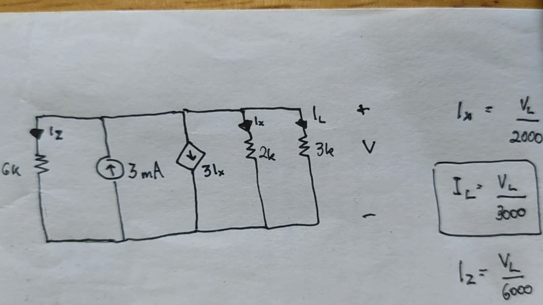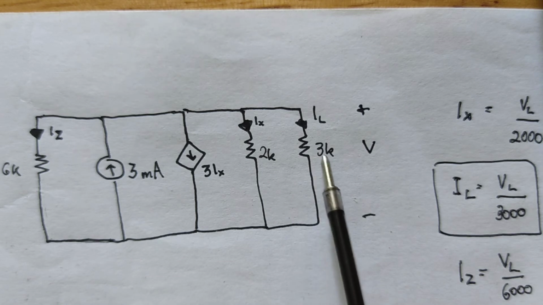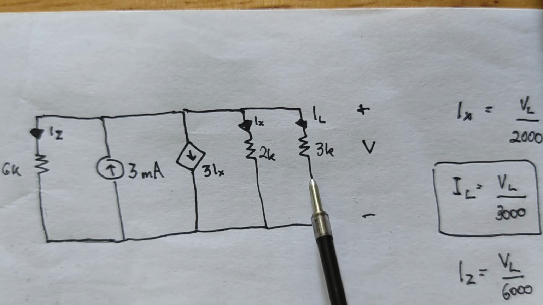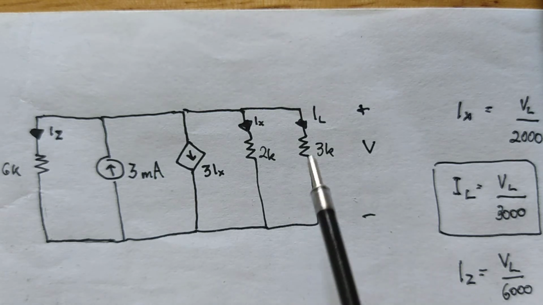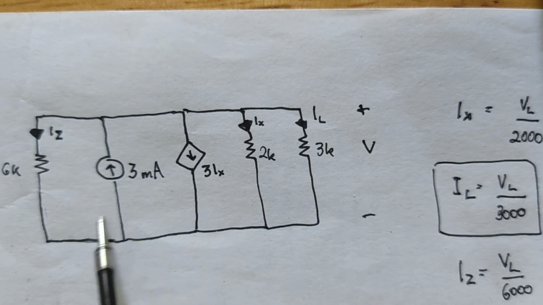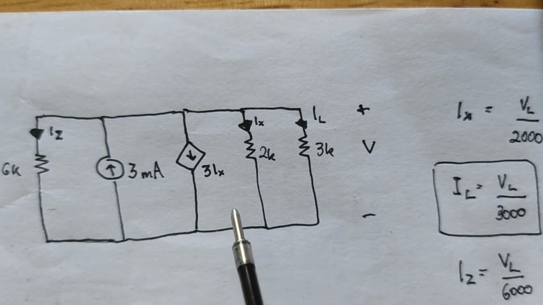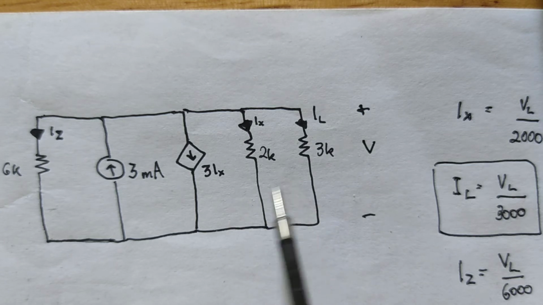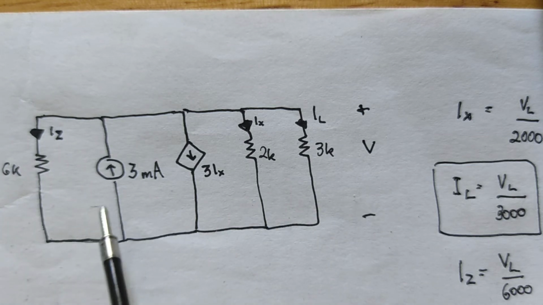In order for us to find IL, we first need to find the voltage across this resistor. Since they are in parallel, the voltage across this connection will be the same for every element connected in parallel.